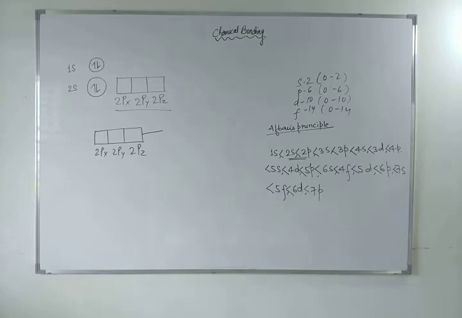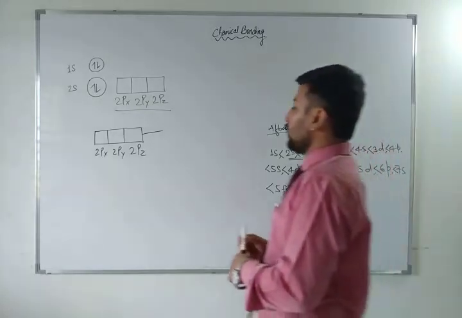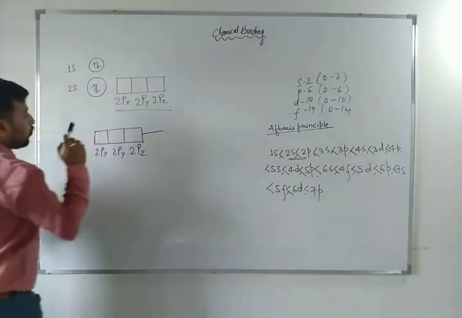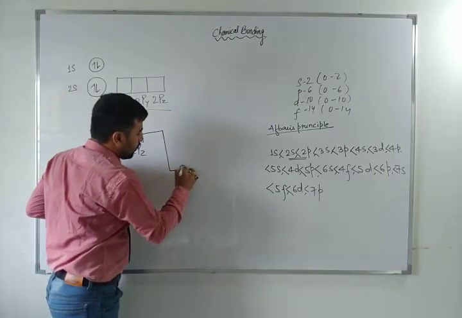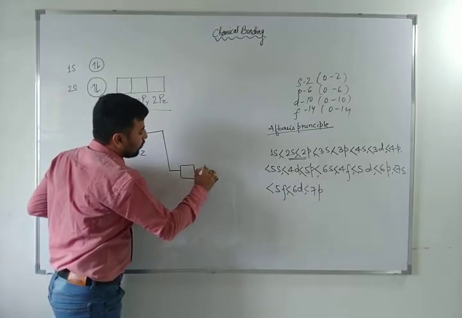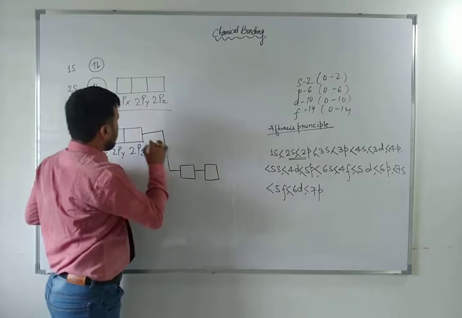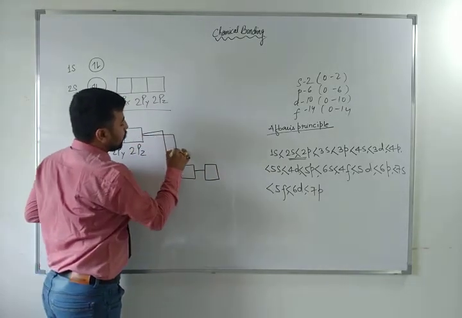First of all, 2px and 2py will go down, and this is 2pz.